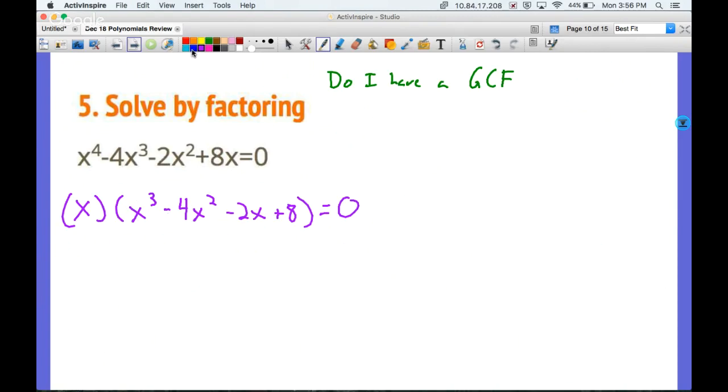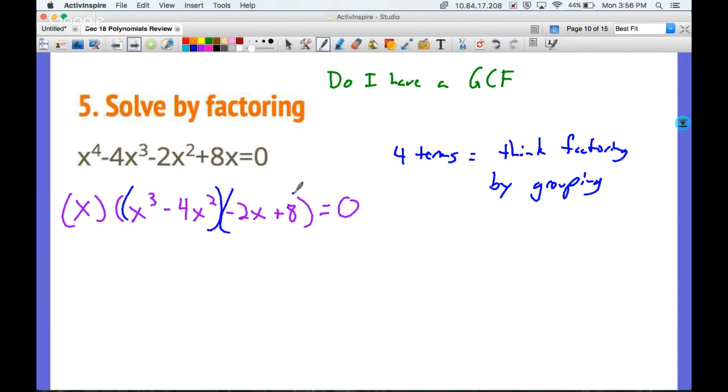Now this here with 4 terms equals 0, think factoring by grouping. It's not always going to work. You might have to test rational roots, but if it does work, it saves you a lot of time.